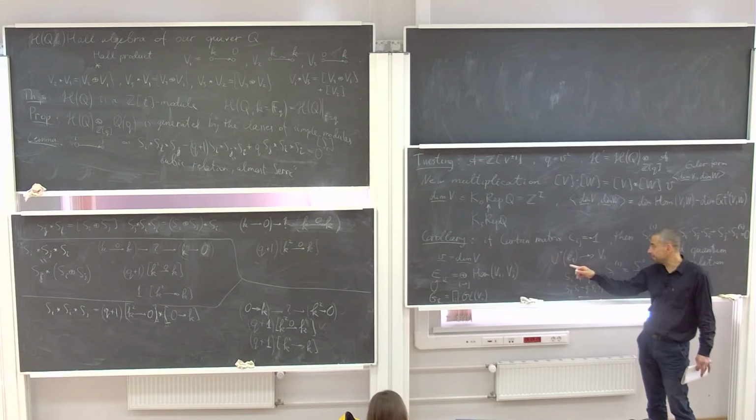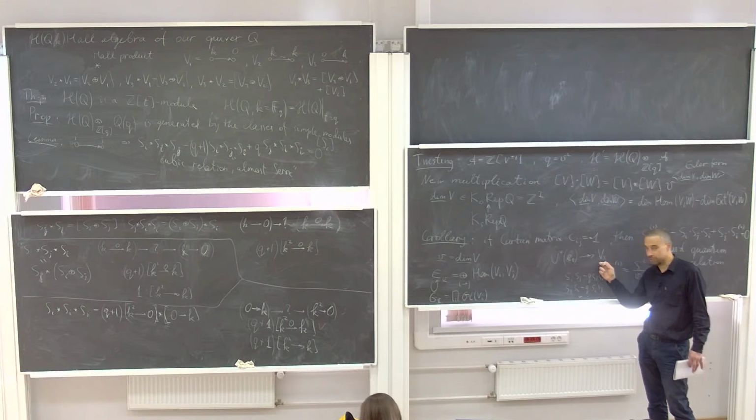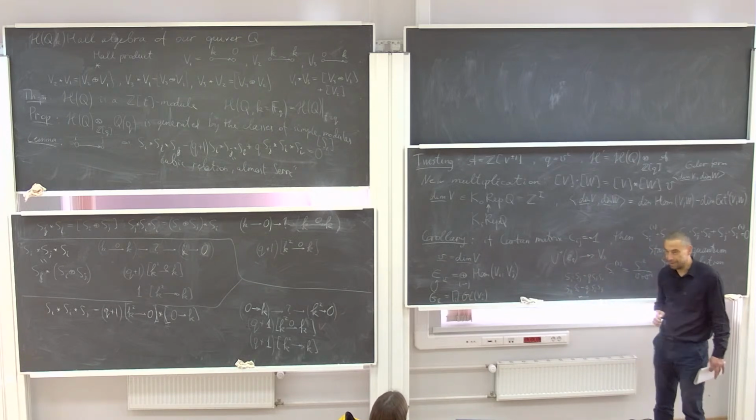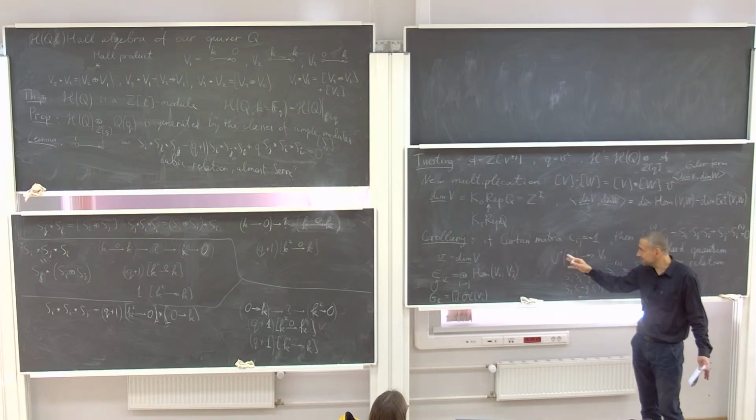Namely, most elements of the canonical basis will project to 0 here. But those that do not project to 0 will form a basis here. So either they go to 0, or the remaining ones are linearly independent and produce a basis. So this canonical basis is just a wonderful thing.